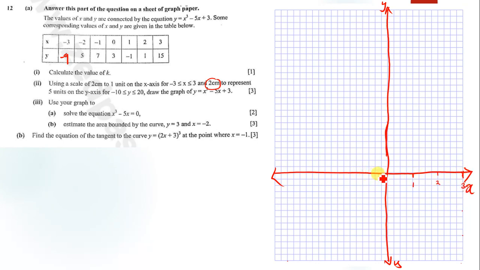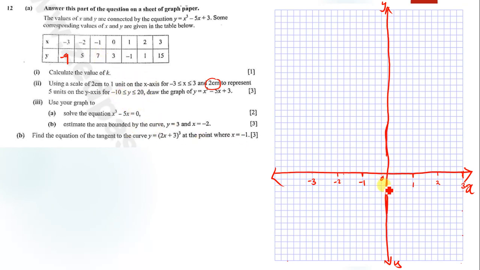This side we have 1, 2, 3, 4. So we have -1, negative 2, negative 3.